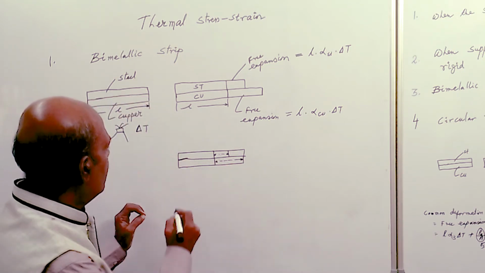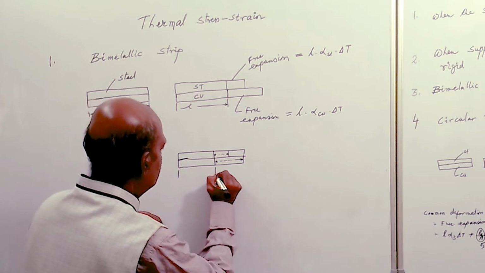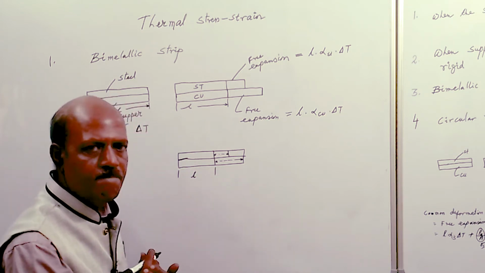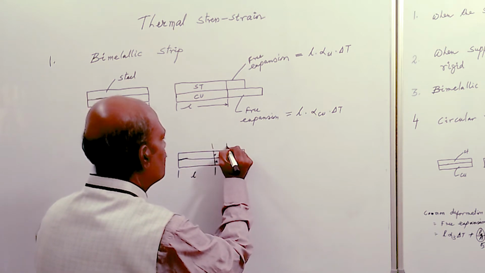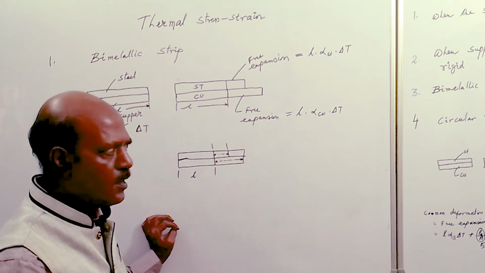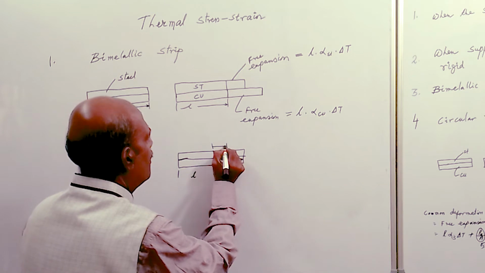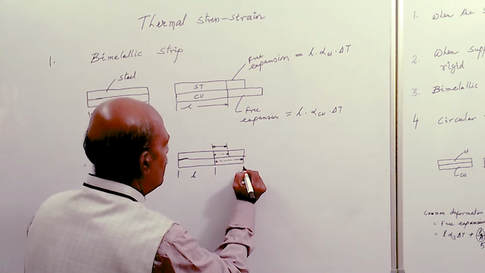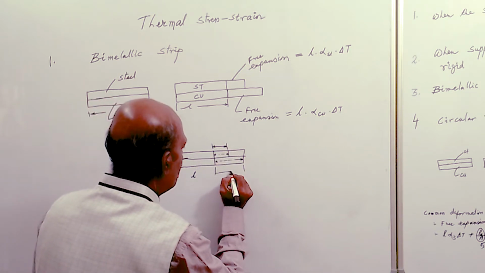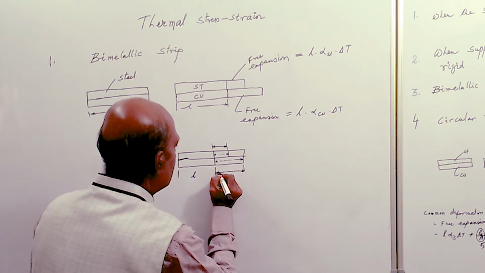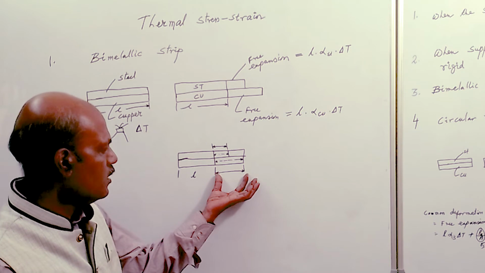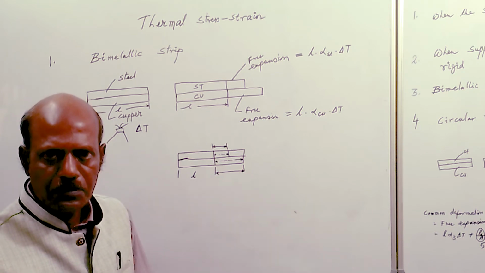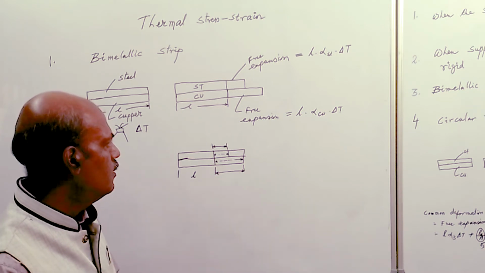Each original length is L. Because the alpha value of copper is more, the free expansion of the copper bar will be more than that of the steel bar.